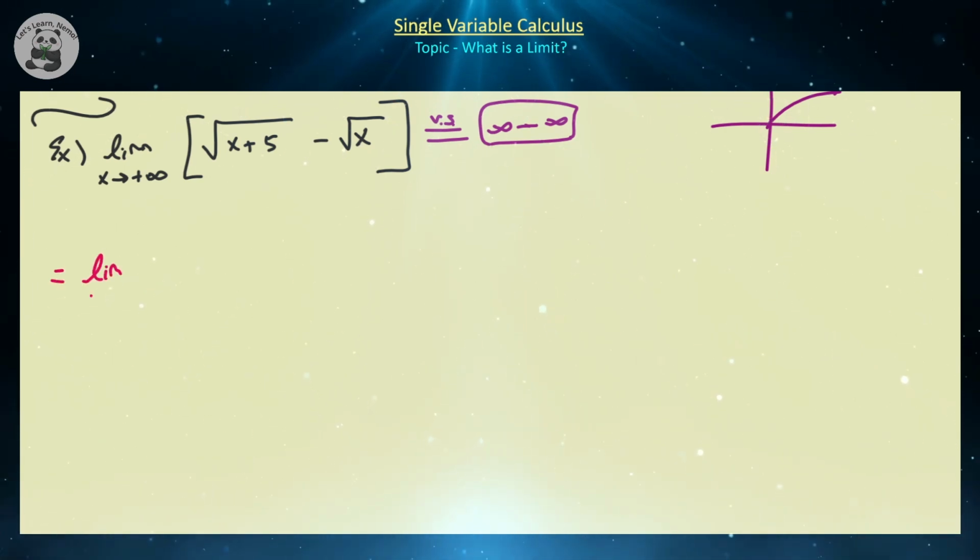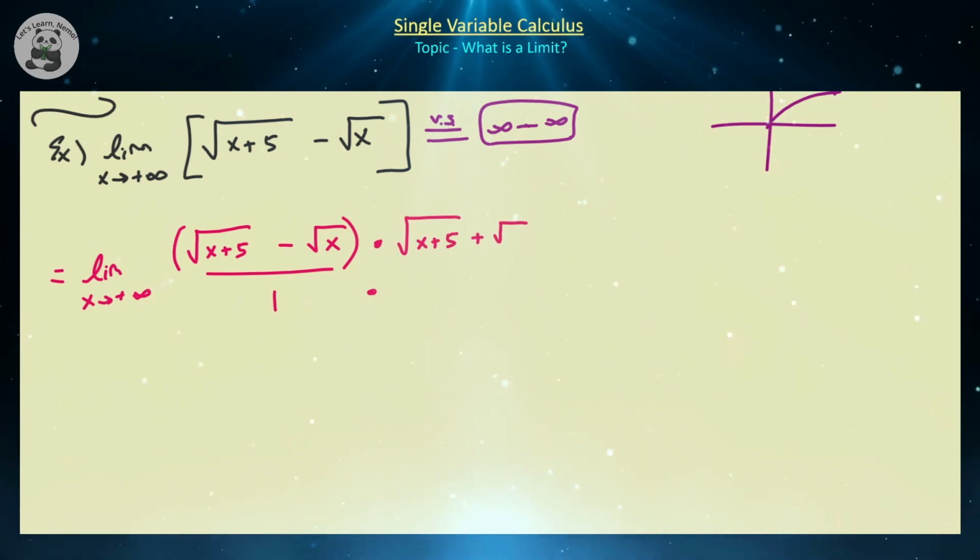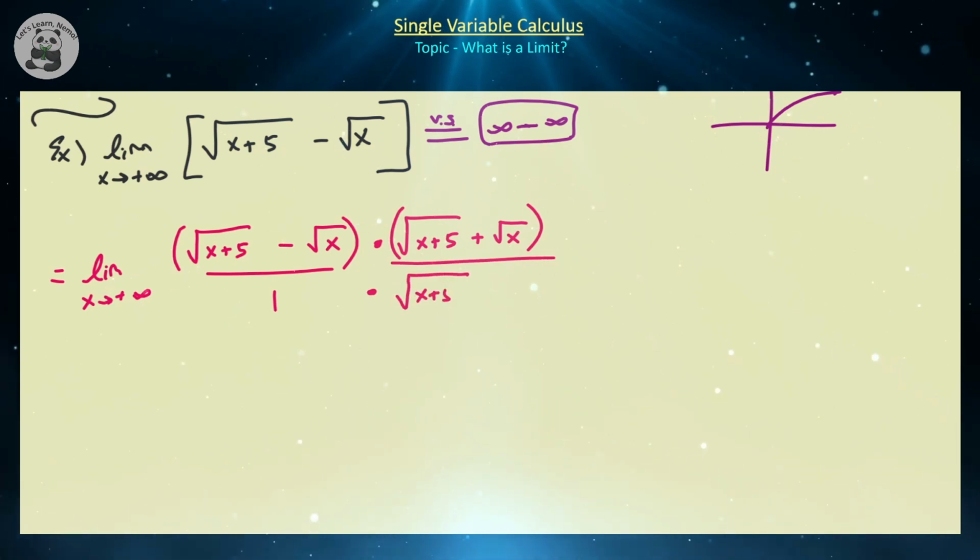So one trick that is commonly used algebraically for radicals when you're adding and subtracting, and also complex numbers have the same exact trick, is multiplying top and bottom of this fraction by the conjugate of that numerator. So in this case, the conjugate would be the square root of x plus 5 plus the square root of x, and the bottom would also be the square root of x plus 5 plus the square root of x.